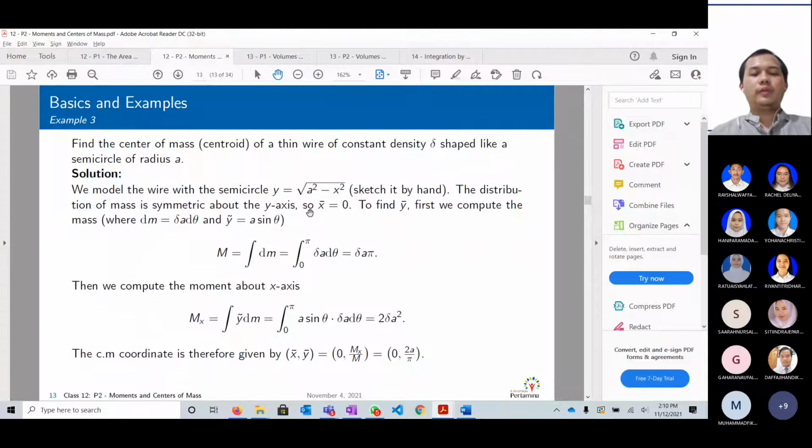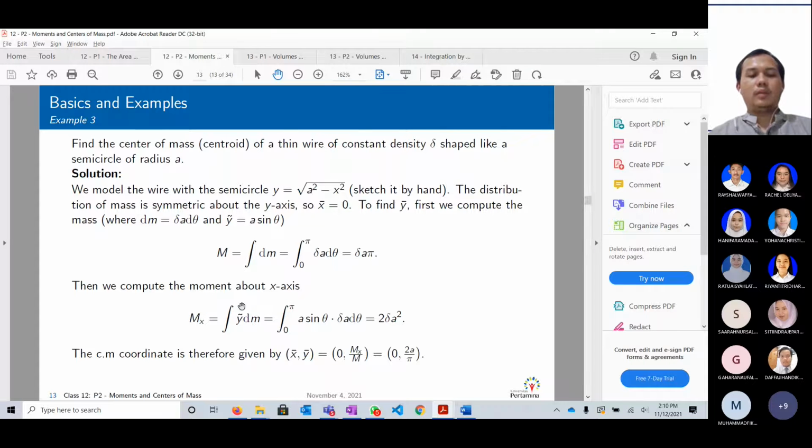Since we want to find the center of mass at the y coordinate, we need to compute the moment about the x-axis, which is basically this integral. We substitute y tilde with a sin theta multiplied by dm, which is delta times a times d theta.